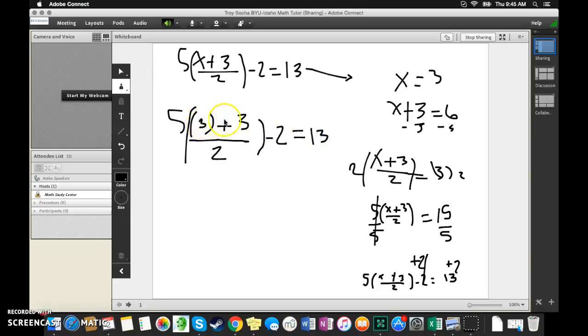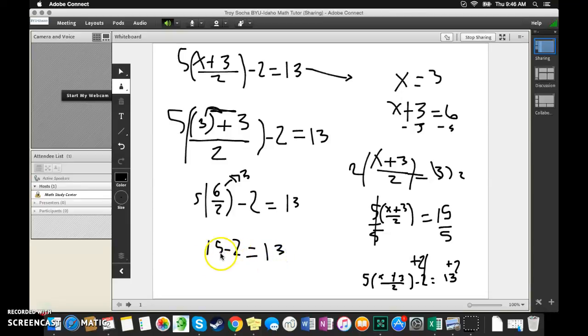Alright, so now we do 3 plus 3. That gives us 6 over 2 times 5 minus 2 equals 13. Now 6 over 2, that's just 3. And 3 times 5 is 15. Minus 2 is 13.